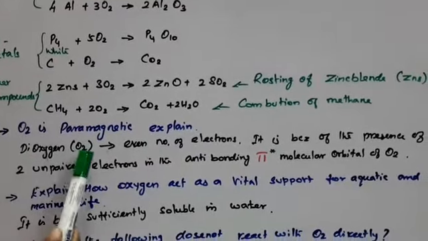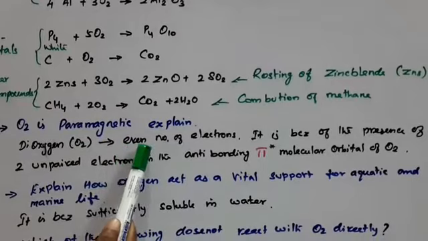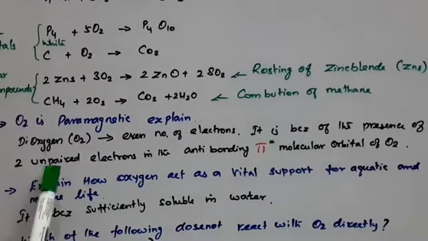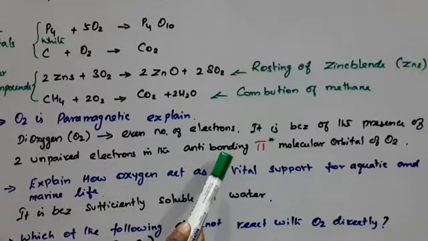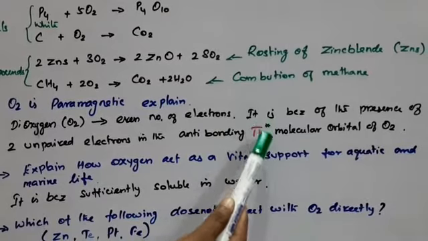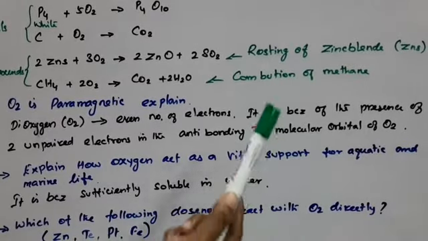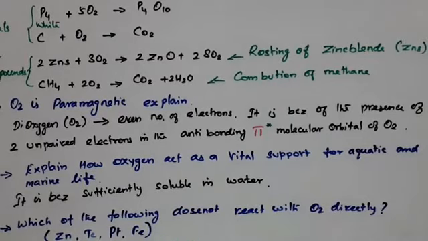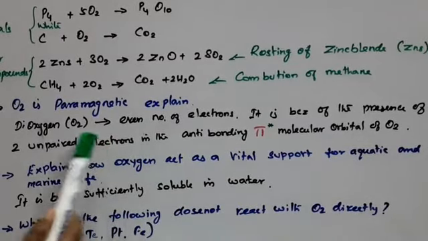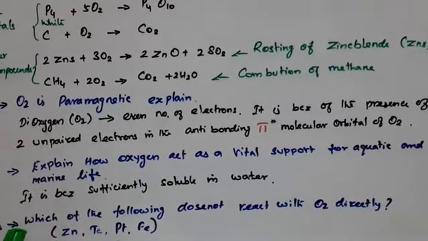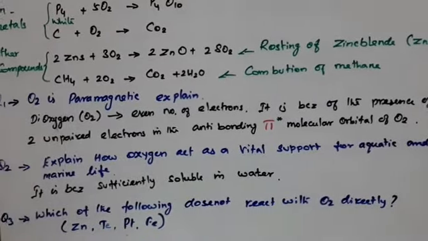Here dioxygen contains an even number of electrons, but because of the presence of two unpaired electrons in the antibonding pi star orbitals, that is pi star 2px and pi star 2py in the molecular orbital of O2, it shows that it is paramagnetic.